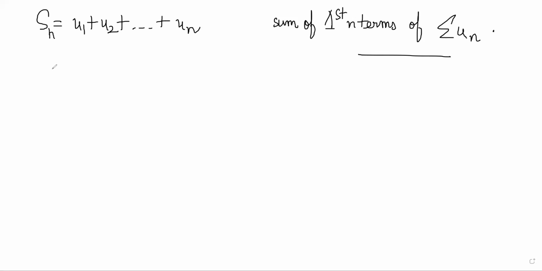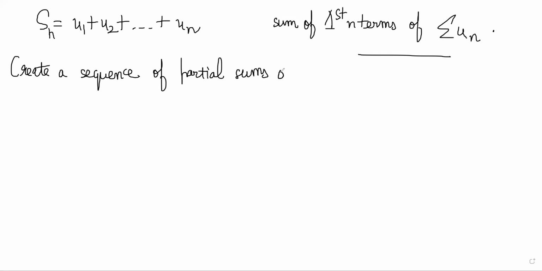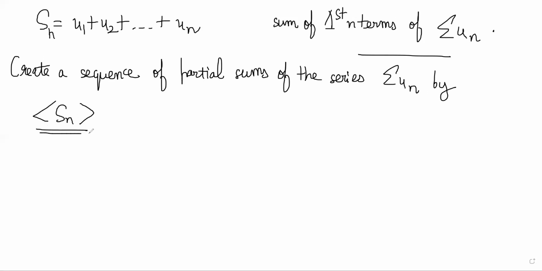So what you can say is you can create a sequence of partial sums of the series sigma un by writing like this. This is a sequence of partial sums. This is a symbol for a sequence.